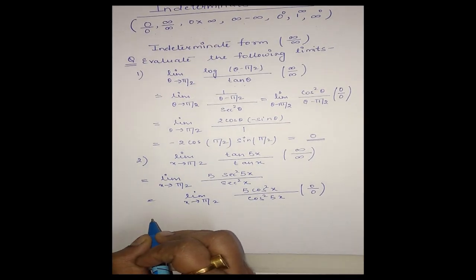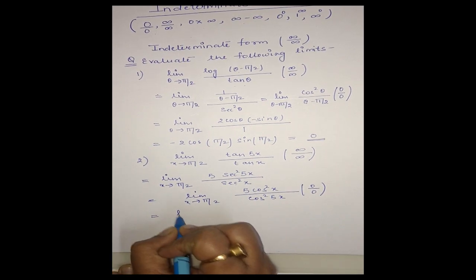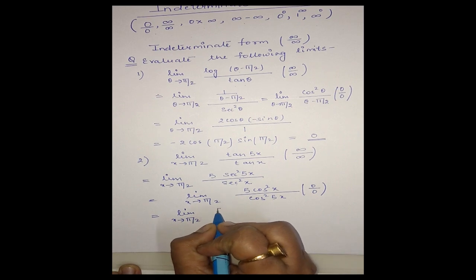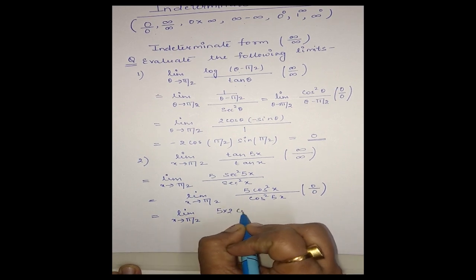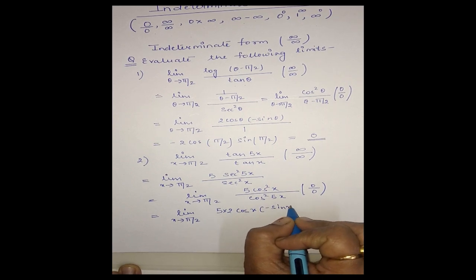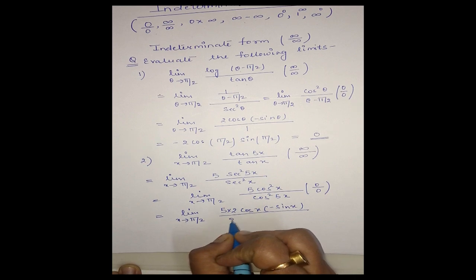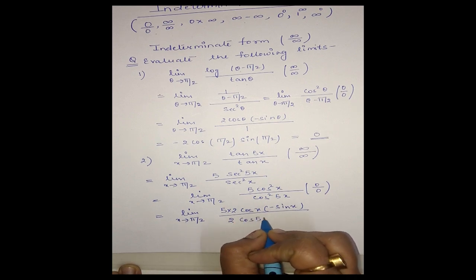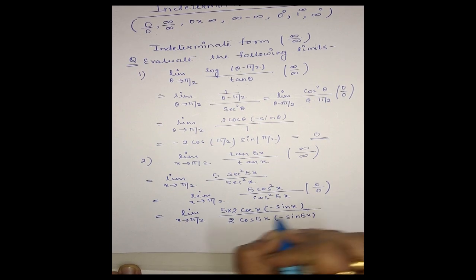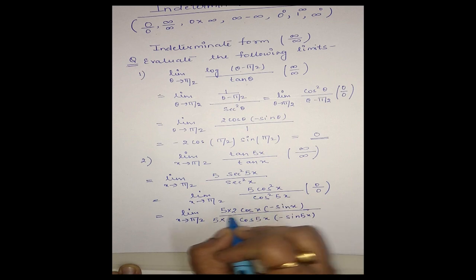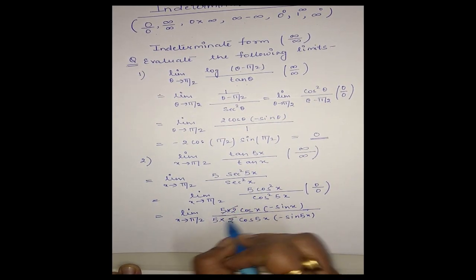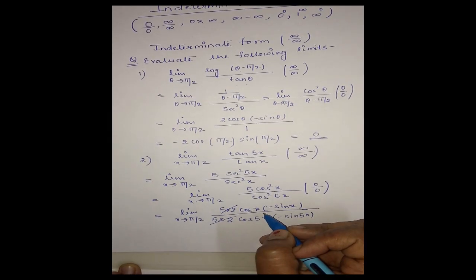Now applying L'Hopital rule, this will be limit x tending to pi by 2 of 5 into 2 cos x into minus sin x, and here 2 cos 5x into minus sin 5x into 5. Now the 5 will get cancelled out and minus will also get cancelled out.